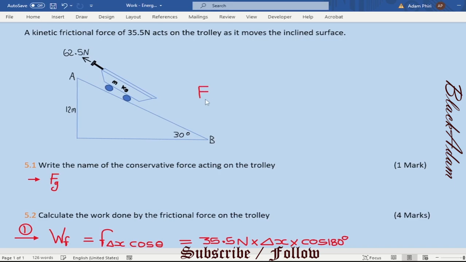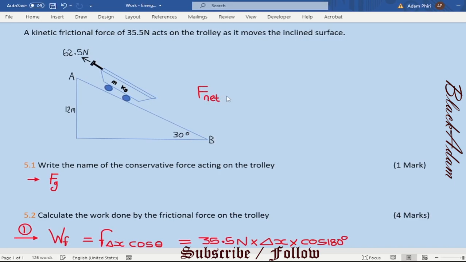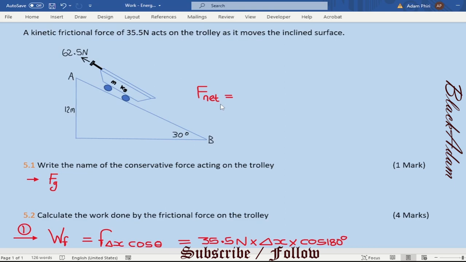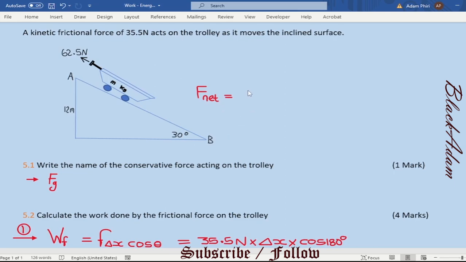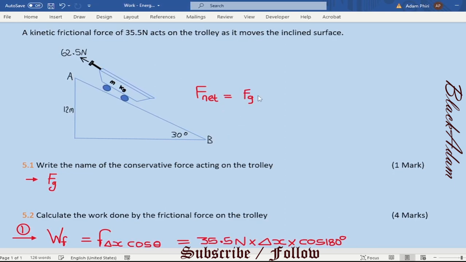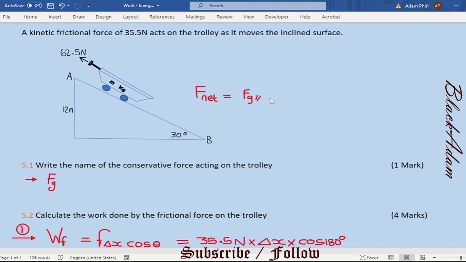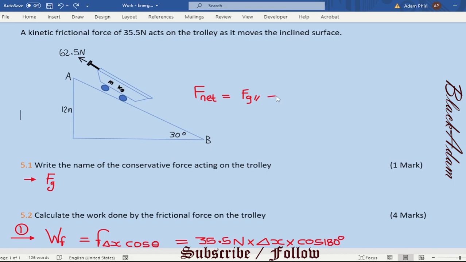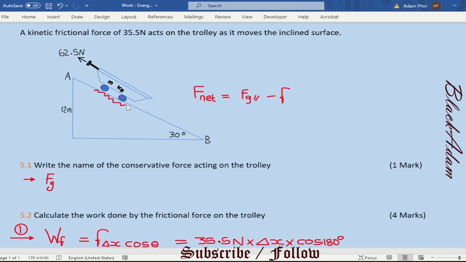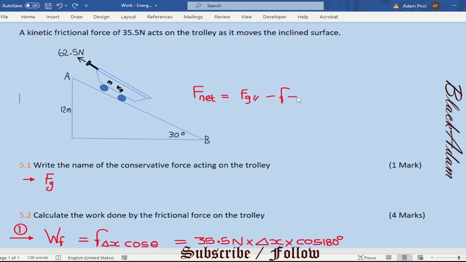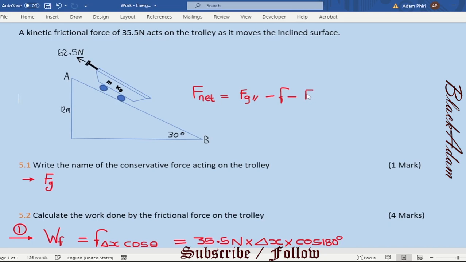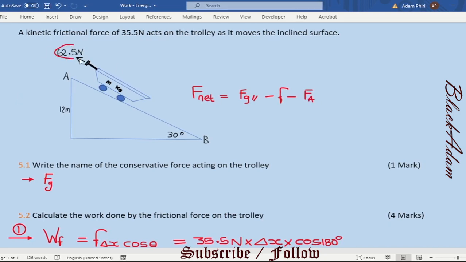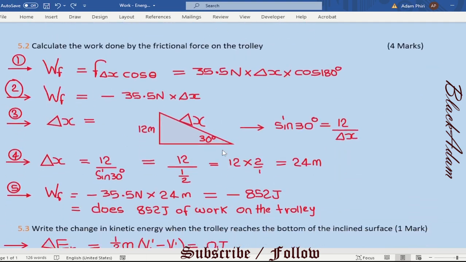So force net is going to be FG parallel, because that's the parallel side, the gravitational force acting parallel. Then you have friction acting on the wheels of the trolley, and then the force applied, which is 62.5. So that's our force net.